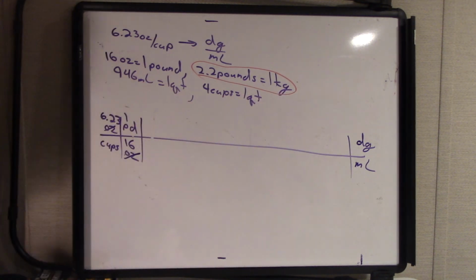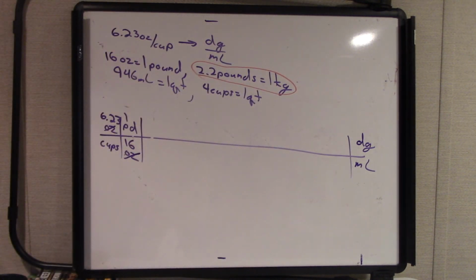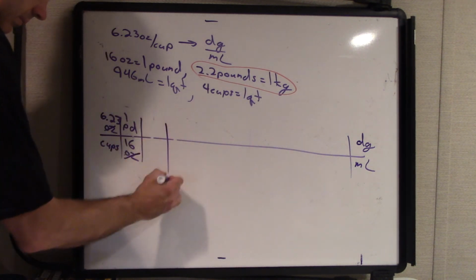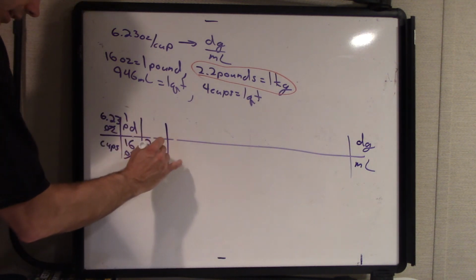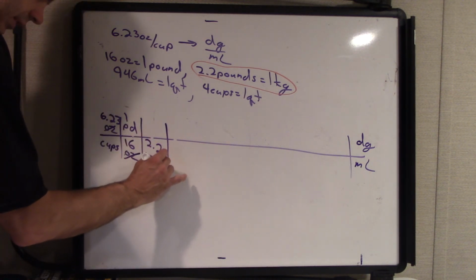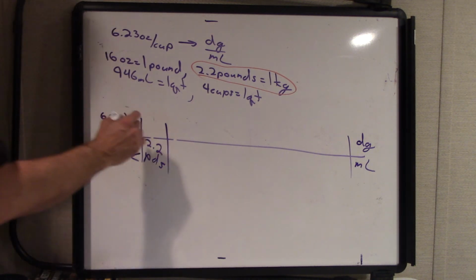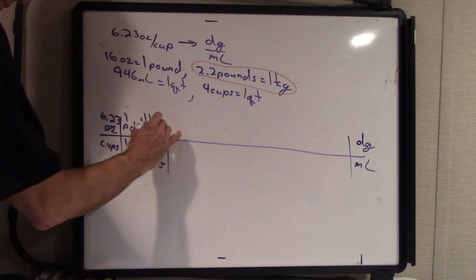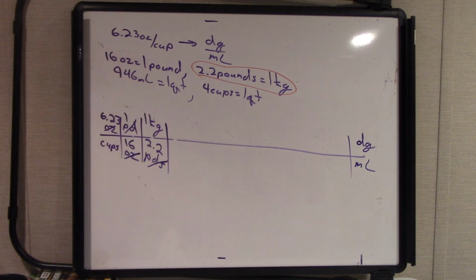Make sure we have enough room to kind of fit this in. 2.2 pounds, 1 kilogram. Well, now I'm able to use this already. I'm going to go ahead and use this. Pounds in the numerator, I need to put my pounds in the denominator in order to cancel. So that's going to put kilograms up top. Pounds would cancel. Now I'm in metric.